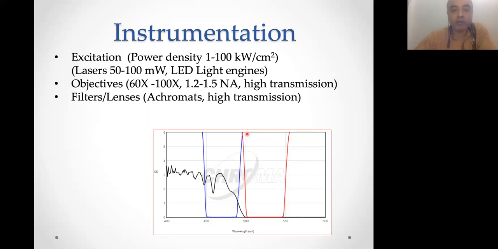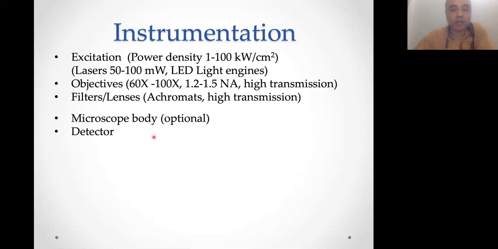This is important because, as I said before, you are working really hard to collect all the photons, and any photons that are not your single molecule's photons are going to act as background, and that's something you want to avoid. So it's very, very important that you get good filters for your microscope.